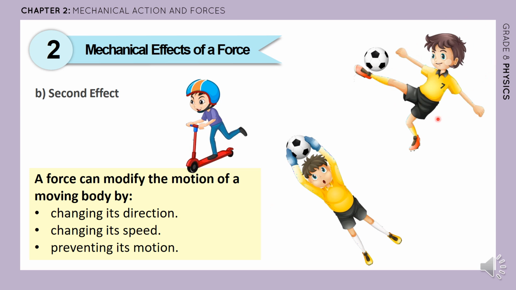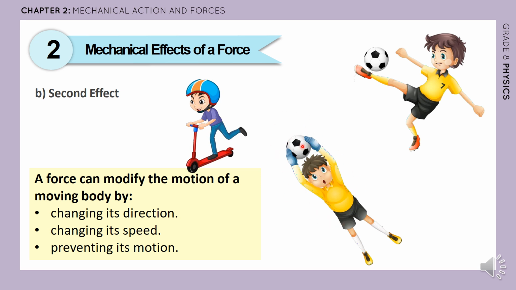So, the boy is kicking the ball. So, the leg of the boy is producing the force, the ball is receiving the force, and he is changing the direction of the ball by kicking it and also changing its speed. Okay, let's look at this goalkeeper.